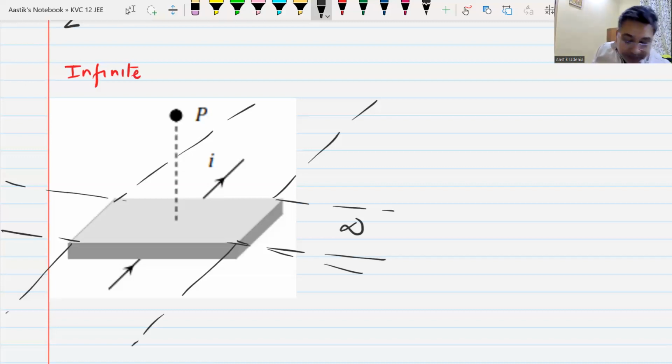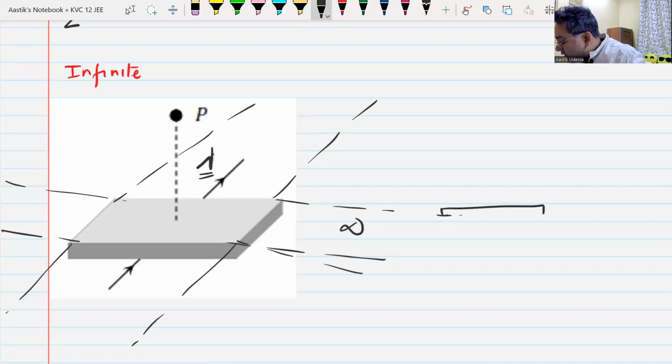If I draw my version of the diagram, again I will call this lambda, current per unit length. My version of the diagram would be a pretty simple one, and I will draw it like this.